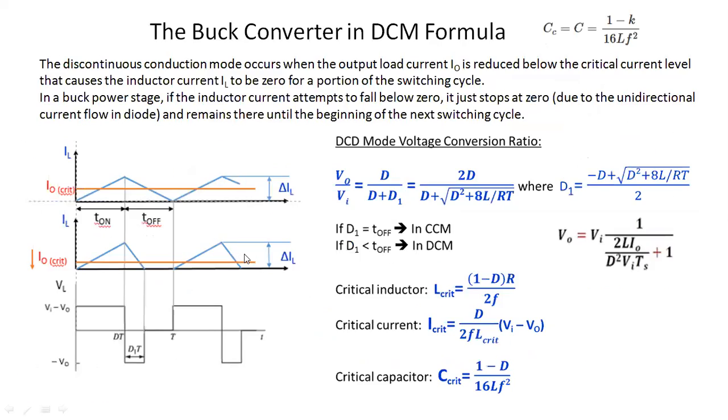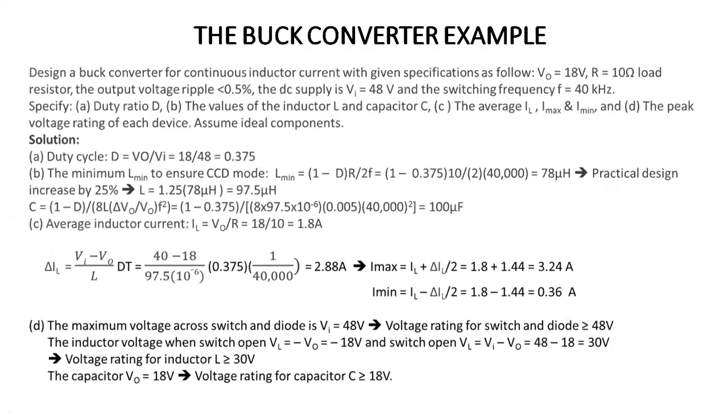So VI is nothing but that will go partly to the inductor and partly to the load resistor. So VI equals VL plus VO, you can write, so you can reconvert that equation in the form of VI minus VO. Okay, so here now we are having all these values.